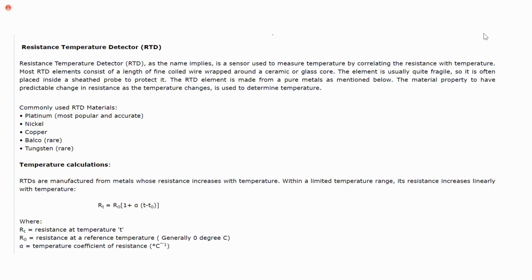Alpha is the resistance temperature coefficient, or temperature coefficient of resistance. T is the room temperature or oven temperature, and T naught is the initial temperature.